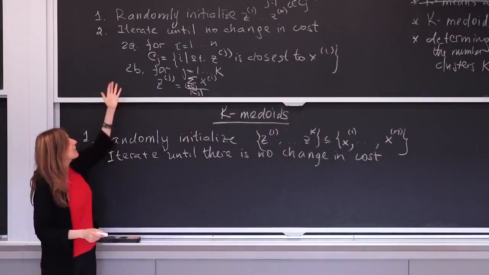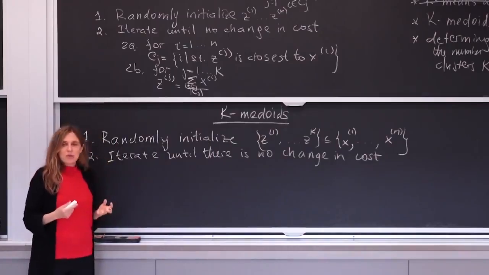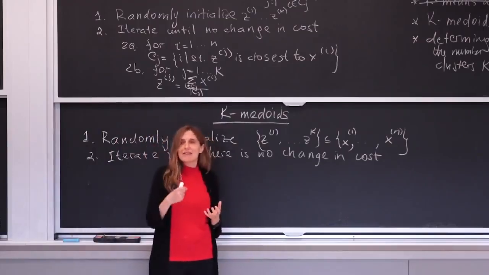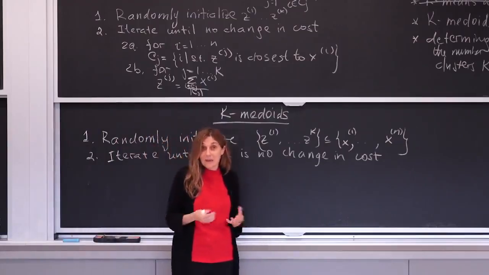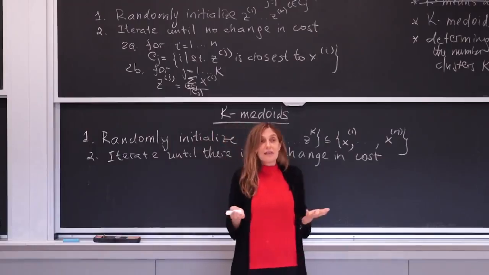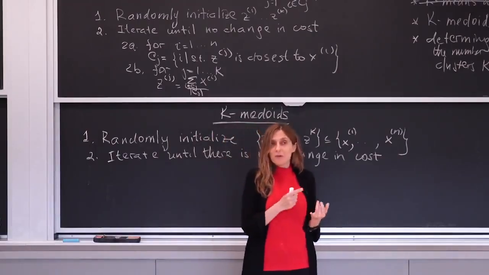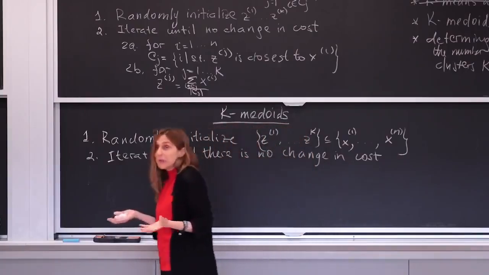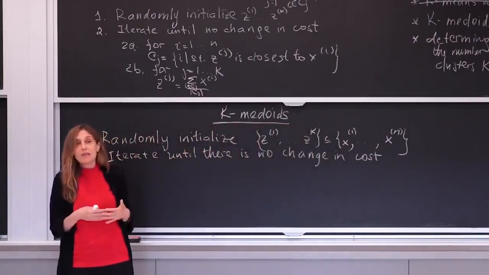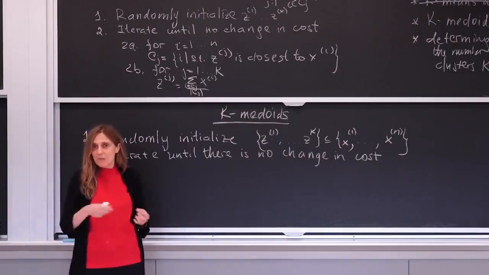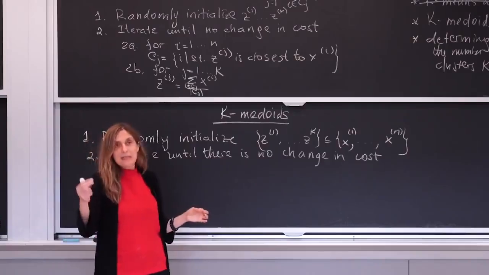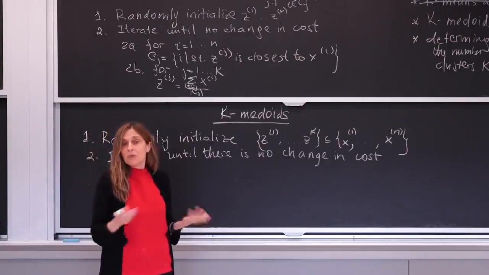And let's look at step 2a. In step 2a, every point had to go and find its closest representative. In this case, this step first of all doesn't limit what the representative could be, because we already selected them. And it can work with any distance function, because as long as you can compute the distance between the representative and a point, it will work.